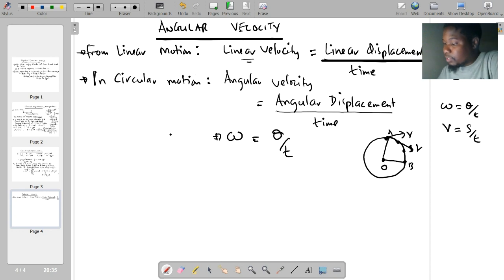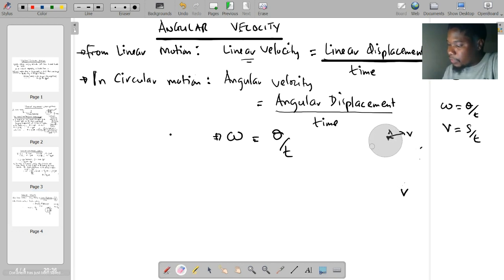The magnitude of the linear speed remains the same, but what changes is the direction in which it is going, the direction in which it is facing. That is very important. The linear velocity is always tangent to the circular path. This is very important for you to remember.